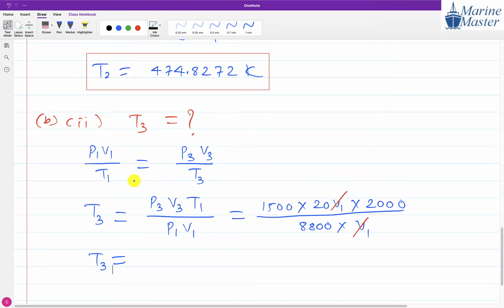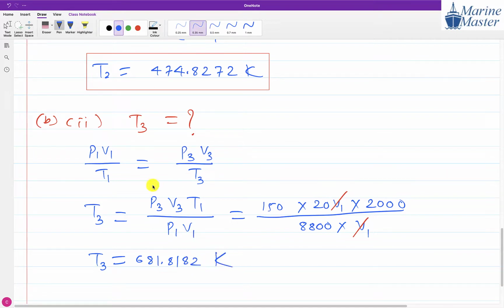One minute, let me calculate this. I made a mistake here; this is 150. So we get 681.8182 Kelvin. Perfect.